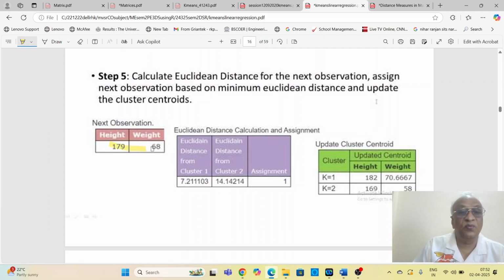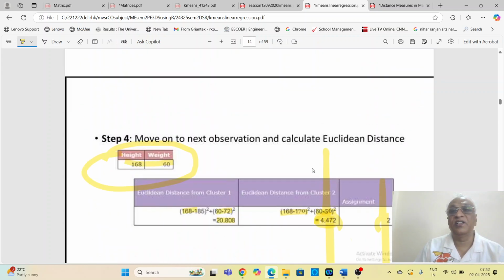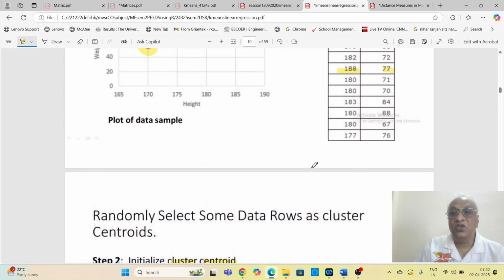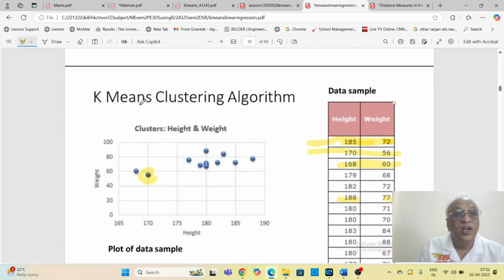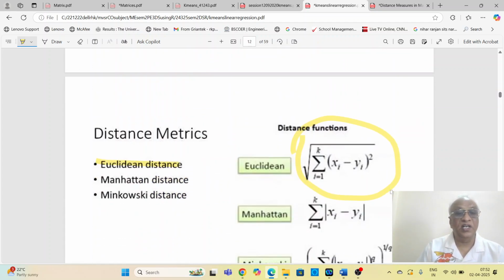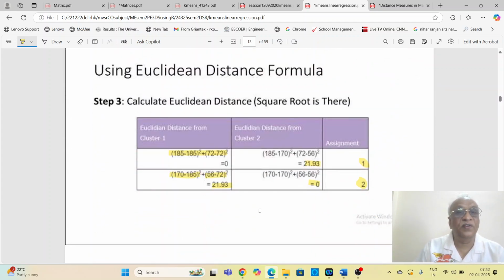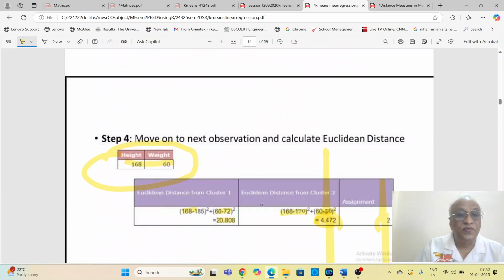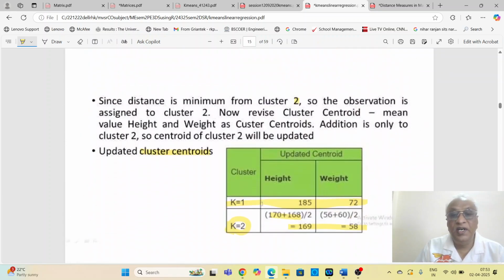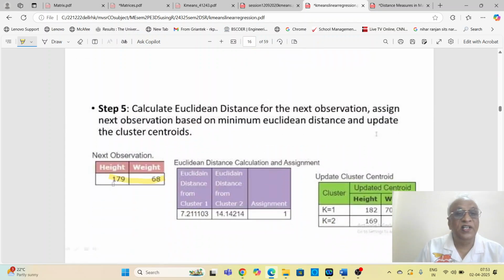For example, the next data point is 179 and 68. Let us see it in our data set also. This is our data set, 179 and 68. For this data point, again we are using Euclidean distance.